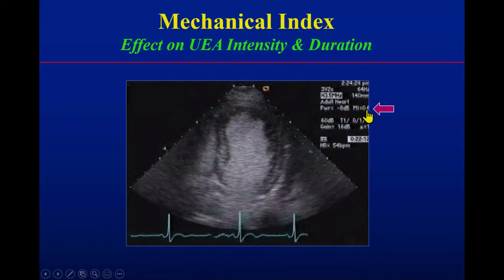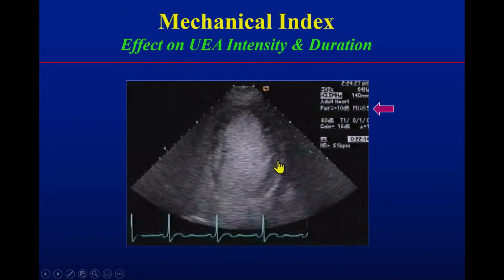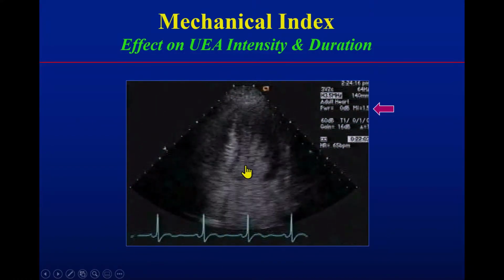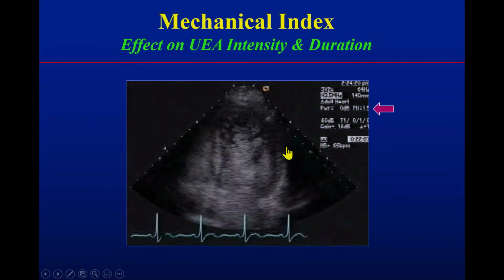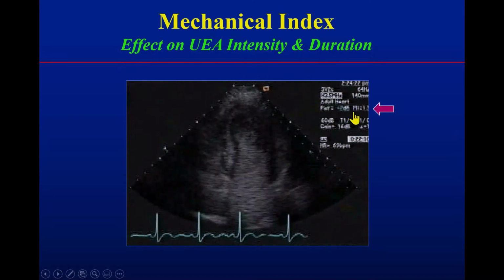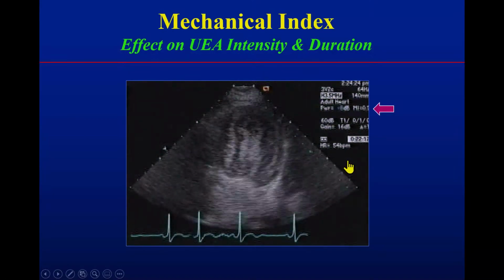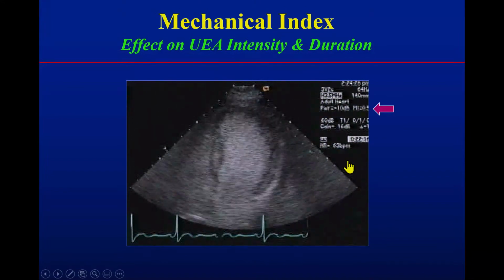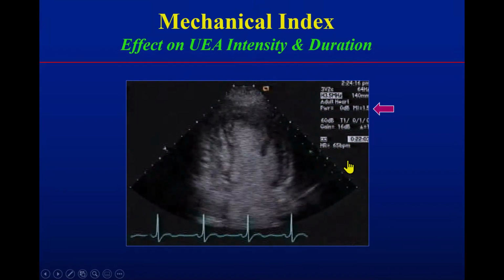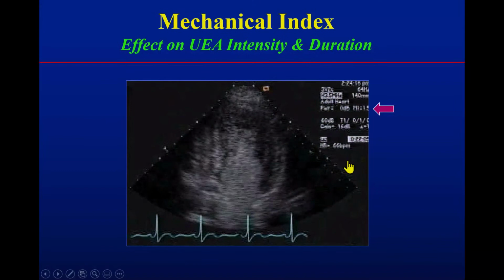And then we're going to start bringing it down, and by just bringing it down simultaneously, you're going to see much more filling of this heart. And hopefully many of these are preset already on your machine, so the mechanical index for contrast should be low for appropriate enhancement of these contrast agents.